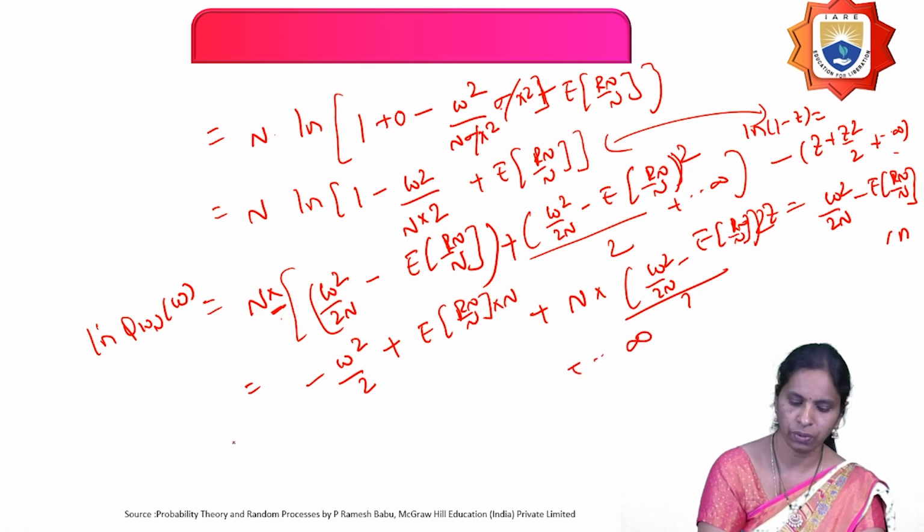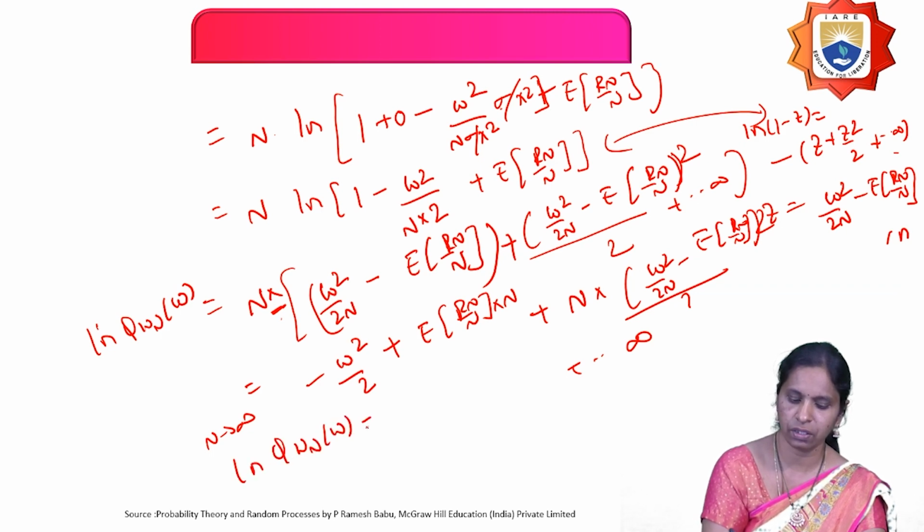Now if you apply n tends to infinity, then what can you obtain here? ln of phi wn of w equals, here there is no n term, therefore it is as it is, minus omega square by 2. And if you apply n tends to infinity, this becomes 0.